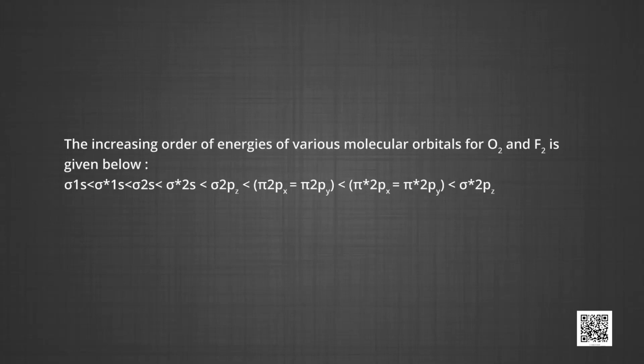Sigma 1s is less than sigma antibonding 1s, which is less than sigma 2s, which is less than sigma antibonding 2s, and then sigma 2pz, which is less than pi 2px equals pi 2py, which is less than pi antibonding 2px equals pi antibonding 2py, which is less than sigma antibonding 2pz.